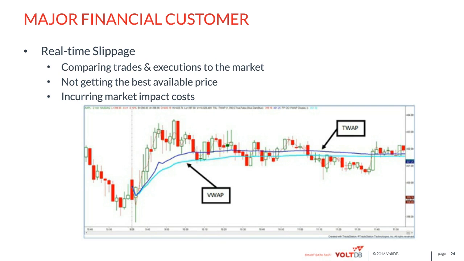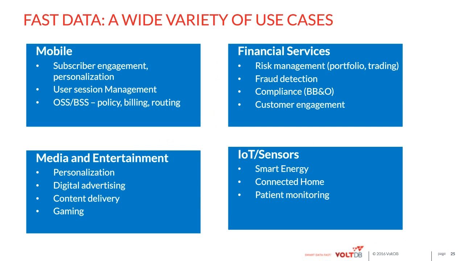Okay. So just to summarize these, VoltDB is specifically designed for processing fast data. There are several use cases. Primarily, what we are actually seeing, the industry leaders in utilizing fast data has been mobile, financial services.